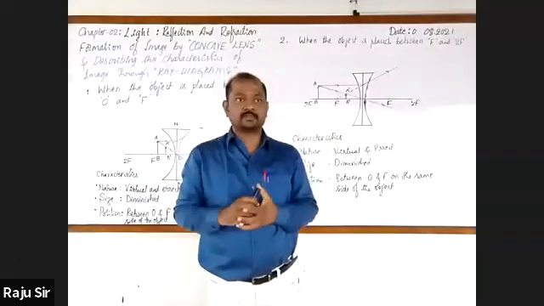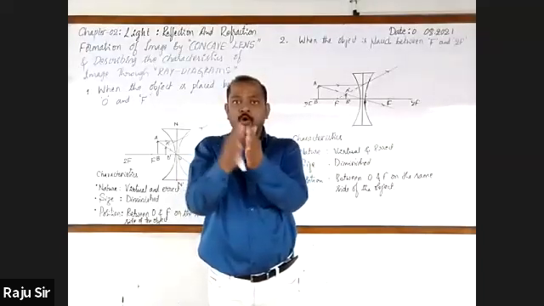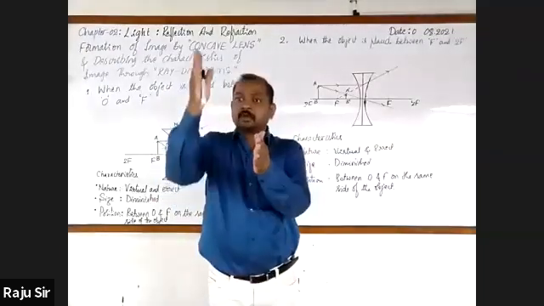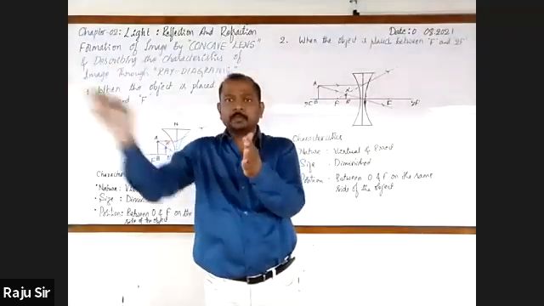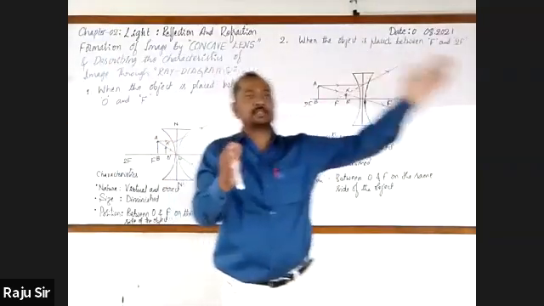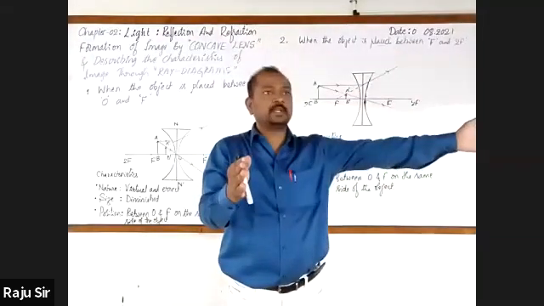Except in one case. When the object is placed between O and F of a convex lens, the image is formed on the same side of the object. In all other cases, images can be caught on the screen; they are formed on the other side of the lens.